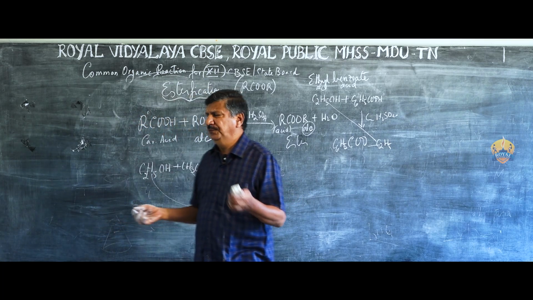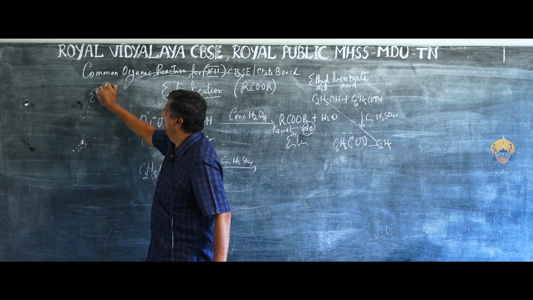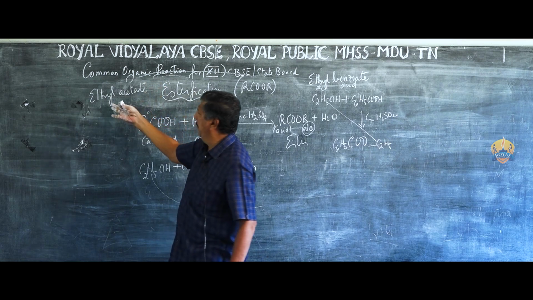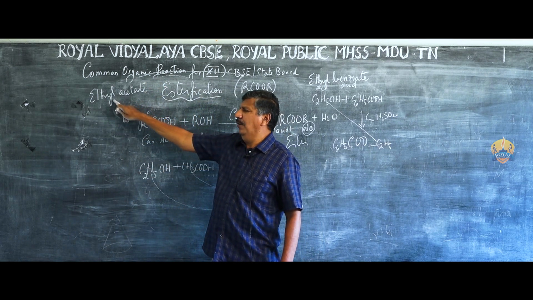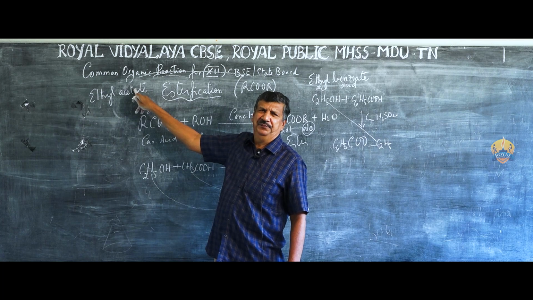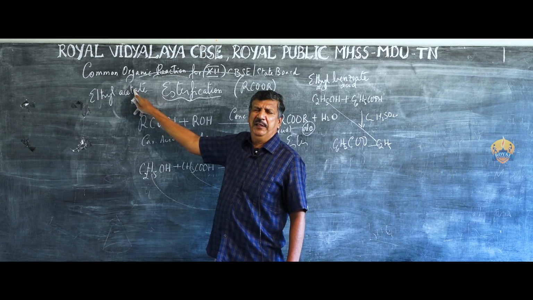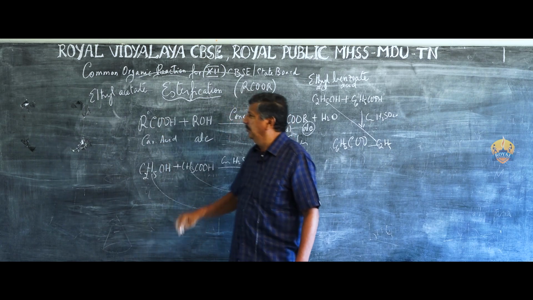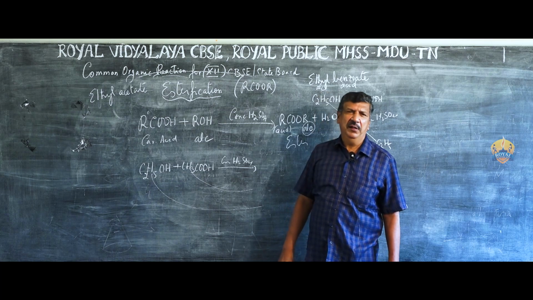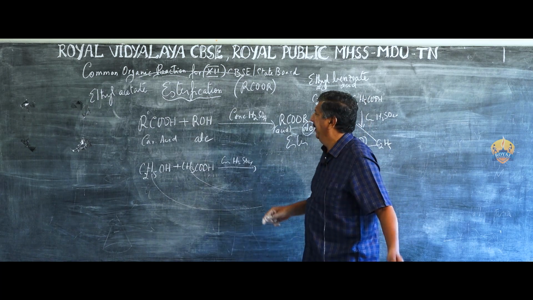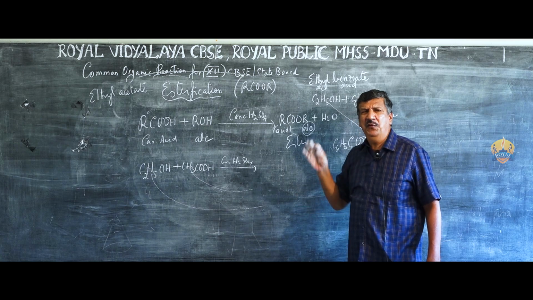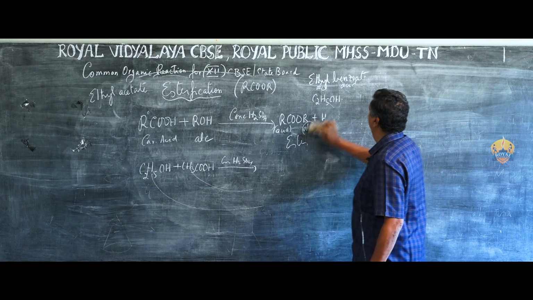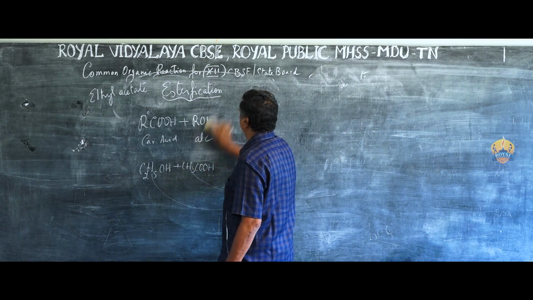If somebody asks you ethyl acetate, you can tell from ethyl alcohol with acetic acid. That's all. This is how you prepare ester. This reaction is commonly called esterification. And the ester generally will have a fruity smell. Okay.